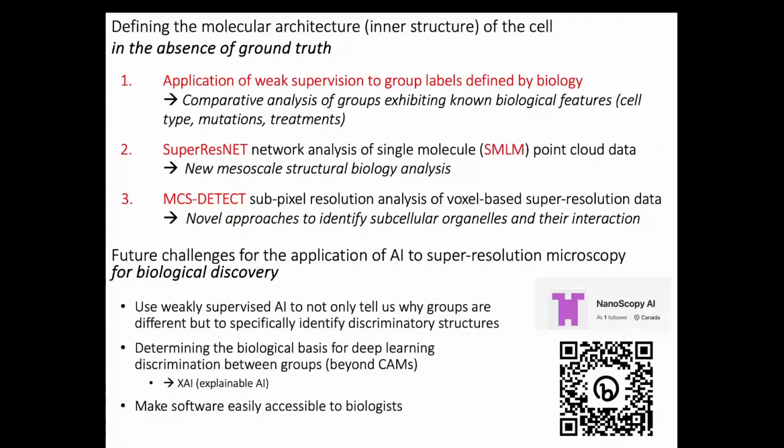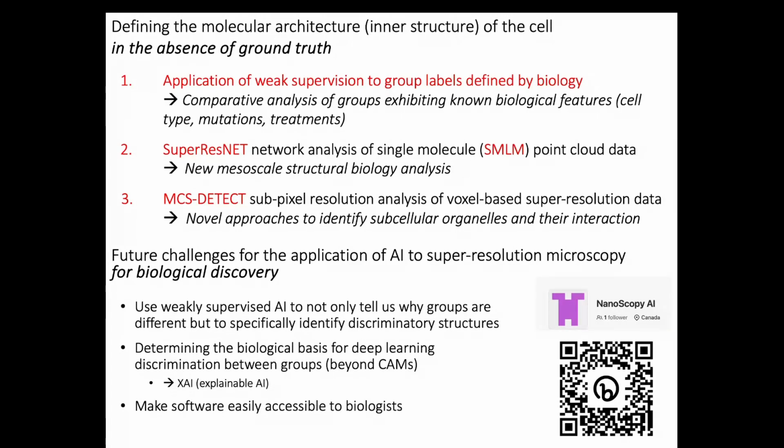In summary, I've tried to present a number of examples of how we can define the molecular architecture or the inner structure of the cell to develop new biological discovery in the absence of ground truth. The basic principle I presented is the application of weak supervision to group labels that are defined by biology.